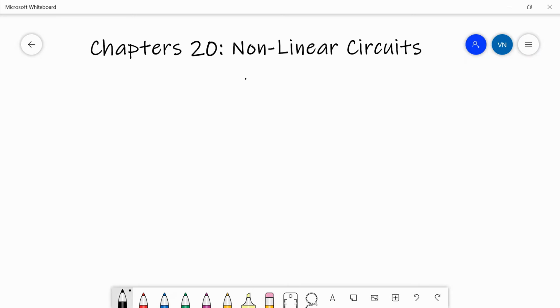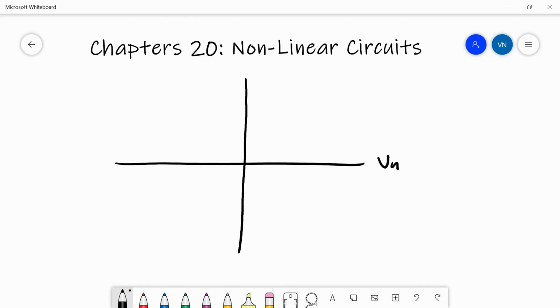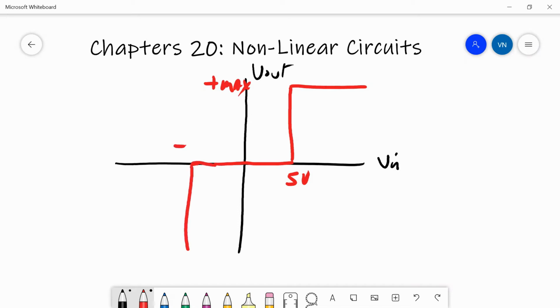Let me give you an example. Say we've got a relationship that looks something like this. V in and V out, so it's a volts to volts relationship. But let's say we hit some certain value, 5 volts, and all of a sudden the output snaps up to the highest maximum value, so positive max. And then when we hit minus 5 volts, it snaps down to some negative maximum value.